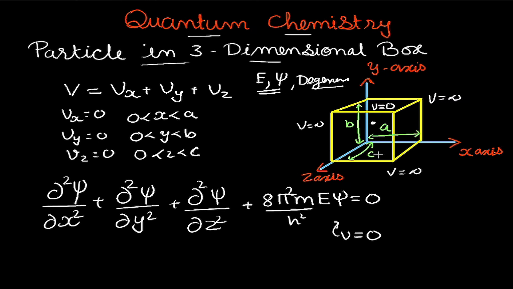So we will be separating the coordinates, and hence we can write that psi, which is dependent on x, y and z, could be separated into psi of x into psi of y into psi of z, where psi of x is the wave function that is dependent only on x, psi of y is the wave function that is dependent only on y, and psi of z is the wave function which is dependent only on z.